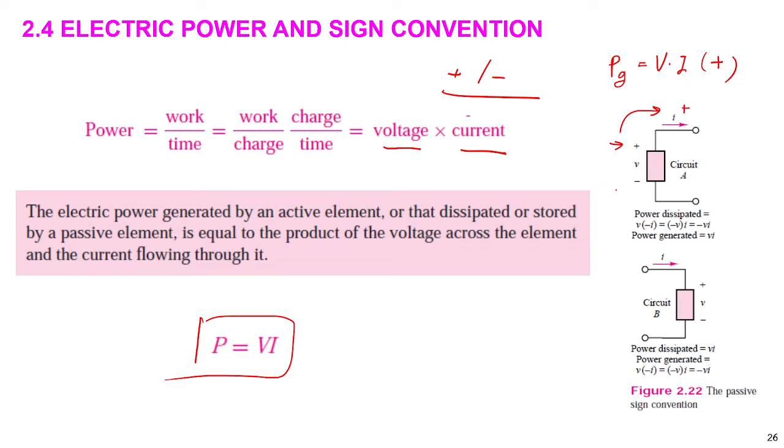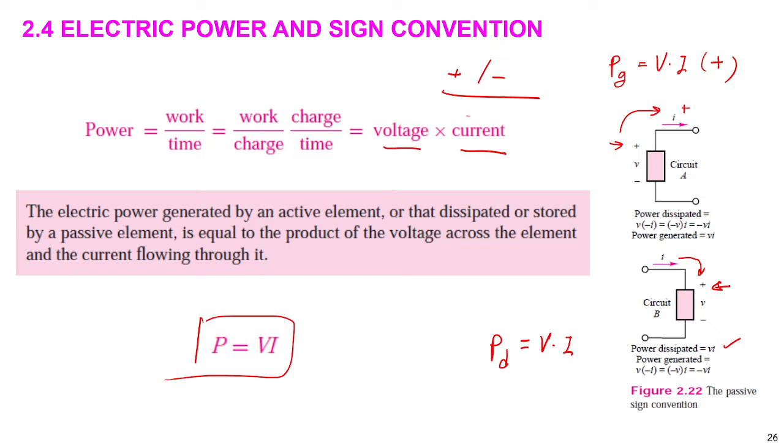On the other hand, if this equipment consumes the power, this is the positive side and the current flows into the positive terminal, which means the power is dissipated, P equal to V I. Dissipate means consume.